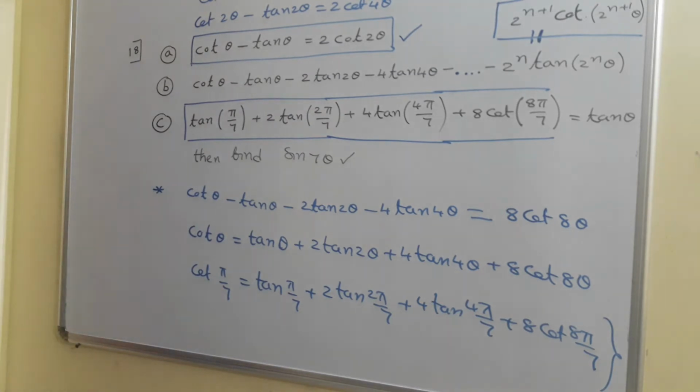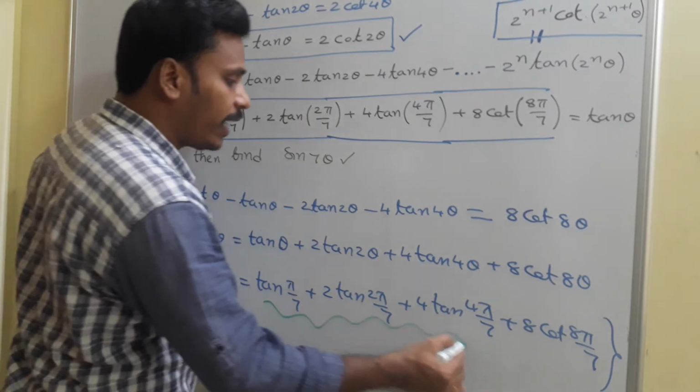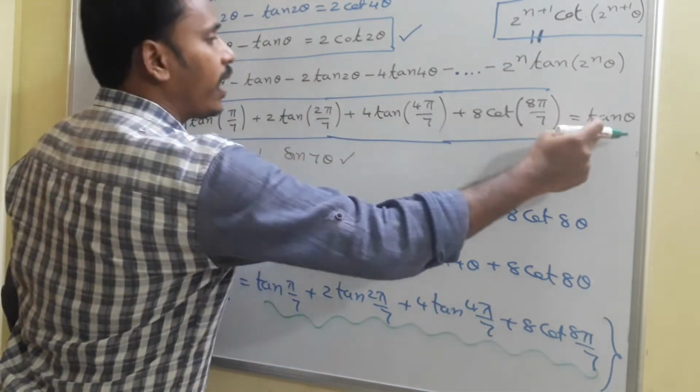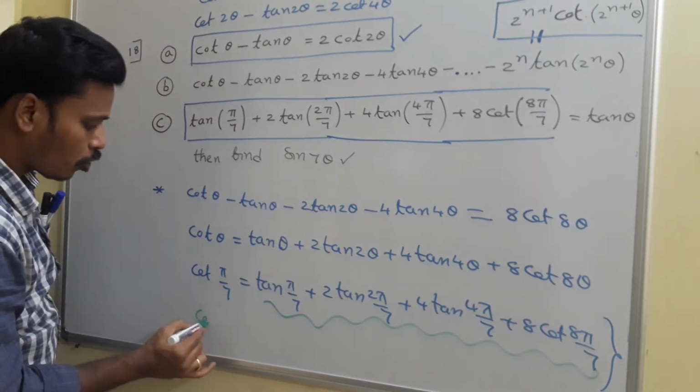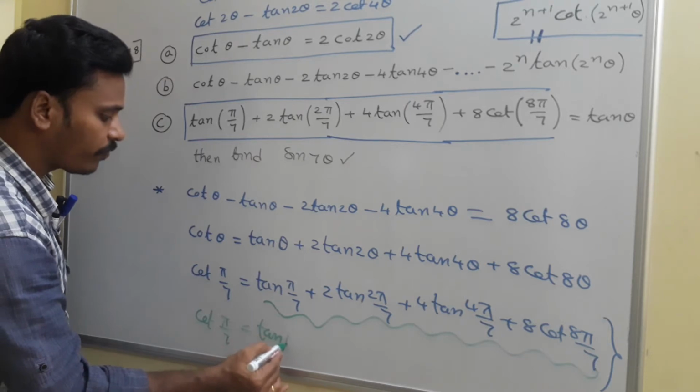It happens just by taking θ equal to π/7. Very obvious, right? Now everything here is given as tan θ. So cot(π/7) is equal to tan θ.